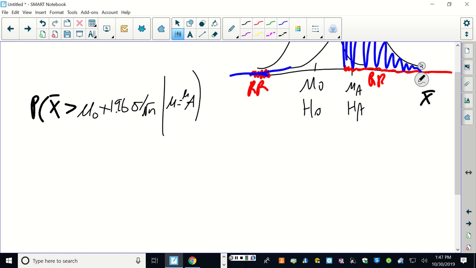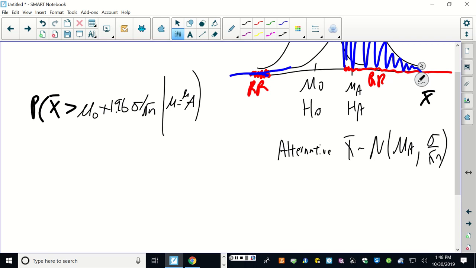Another way of saying that is that under the alternative, x bar is distributed as normal with mean mu sub a and standard deviation sigma over the square root of n. So we want to calculate the chance that x bar is greater than that when this is its distribution.